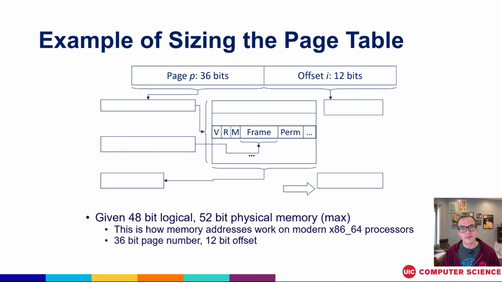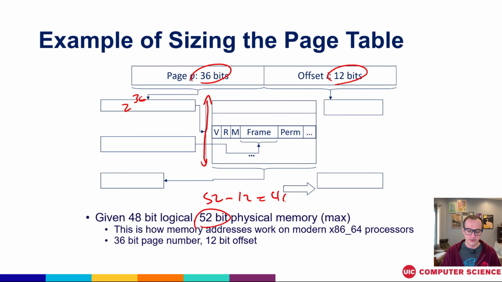Now, as an example of sizing this page table, in the real world, we have 4 kilobyte pages, which is very common. We're going to have 12 bits for our offset, and we're going to have 36 bits for our virtual page number. So we know that we're going to have 2 to the 36 entries in that entire page table. And we also know that if we have a 52-bit physical address space, that means that we need to take 52 minus 12 is equal to 40, which is going to be the size of the physical frame number.